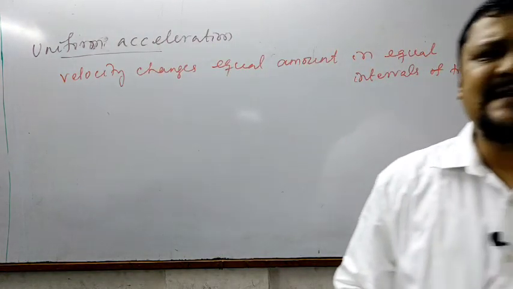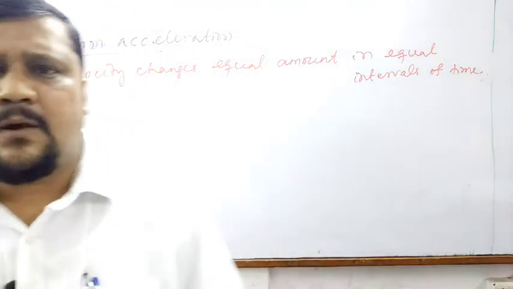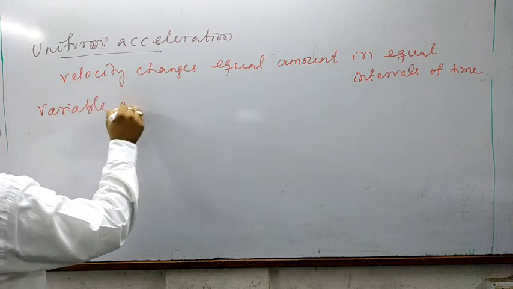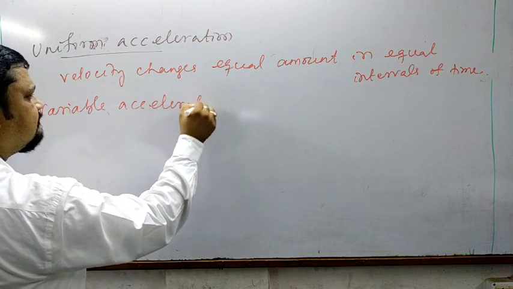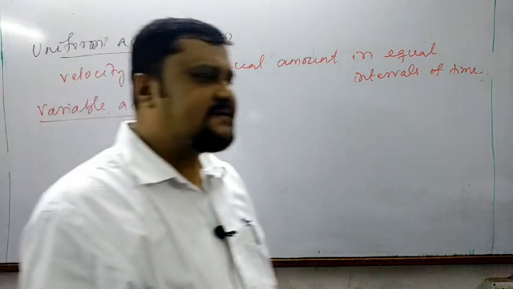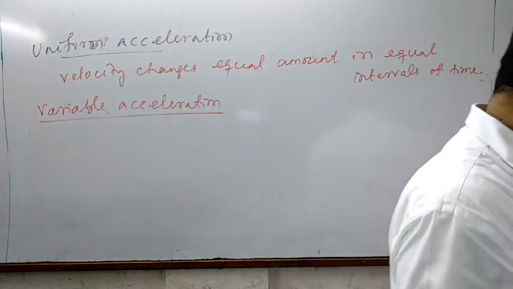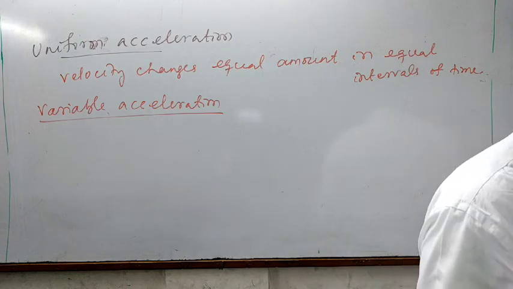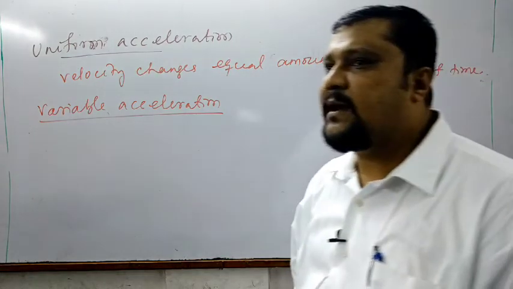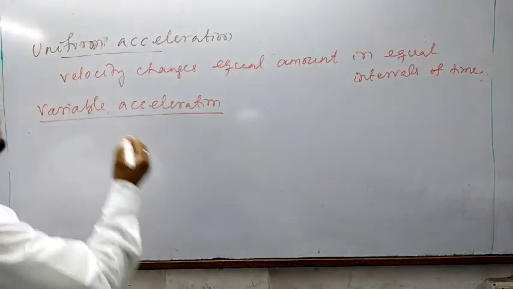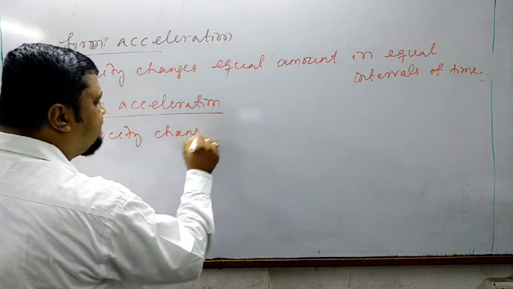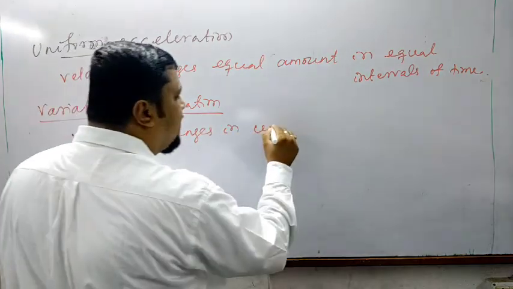Then what is a variable acceleration? If it is not like uniform acceleration, it is called variable acceleration. The acceleration of an object is said to be variable if its velocity changes by unequal amounts in equal intervals of time.